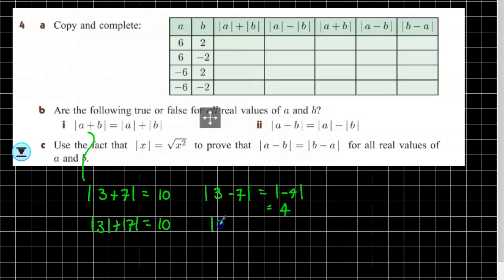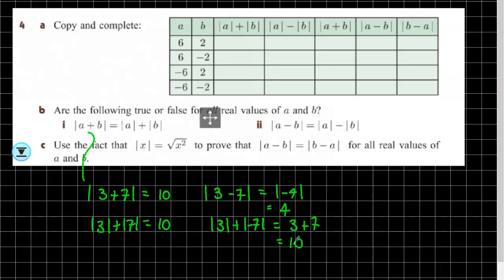And of course, if I had the modulus of 3 plus the modulus of negative 7, that then still is 3 plus 7, and that is 10. So no good. The modulus stuff doesn't work like our algebra stuff used to work. I know it's a bit mind-numbing, but it was worth having a look at that.